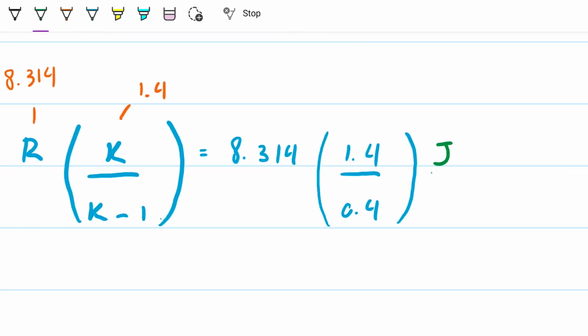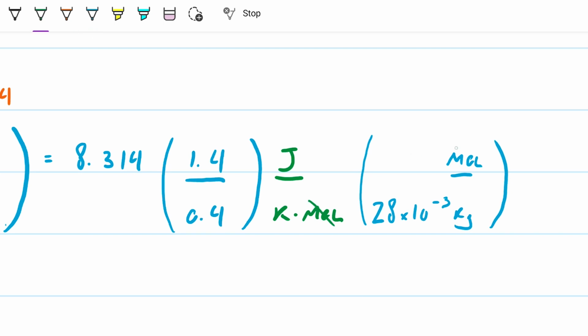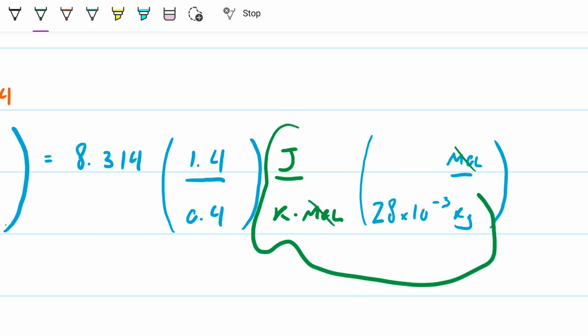Not going to make that mistake again. Joules per Kelvin per mole. I need that in kilograms, so I need to relate once again the molecular weight. I need to say 28 times 10 to the minus 3 kilograms for every mole that I have. That allows me to eliminate the moles, and I'm going to get joules per Kelvin per kilogram, which is great.